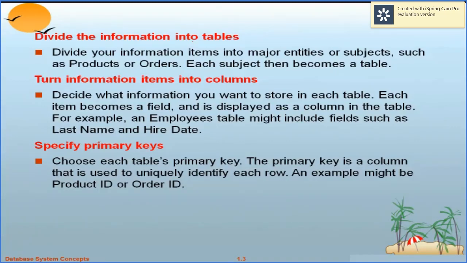When you have a bulk amount of information collected, divide it into tables and turn the information items into columns. Again, the table should be provided with the appropriate attributes. All the appropriate attributes should segregate the table information into each category and subcategory.